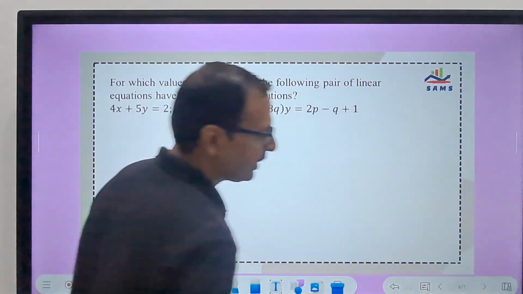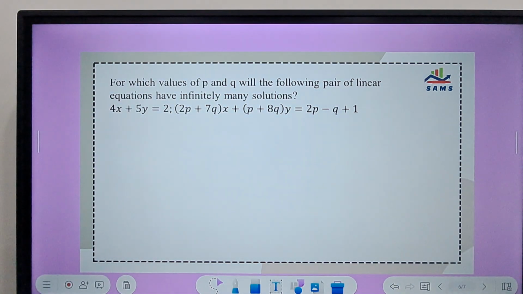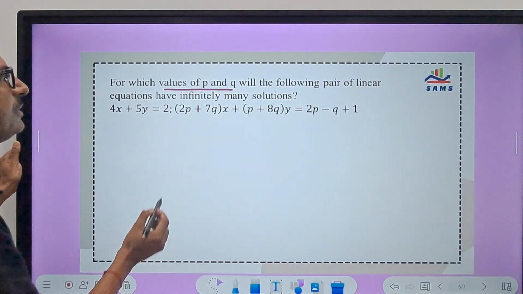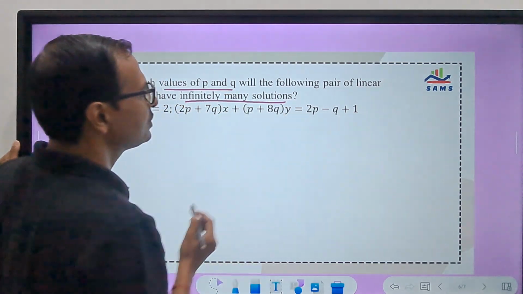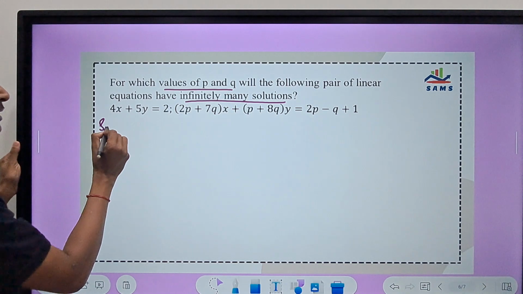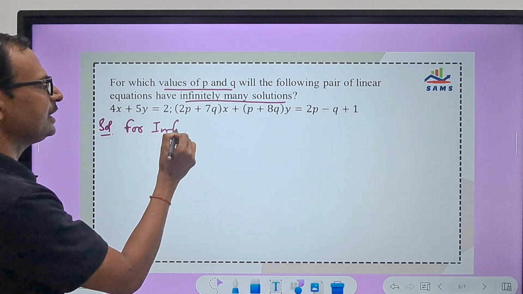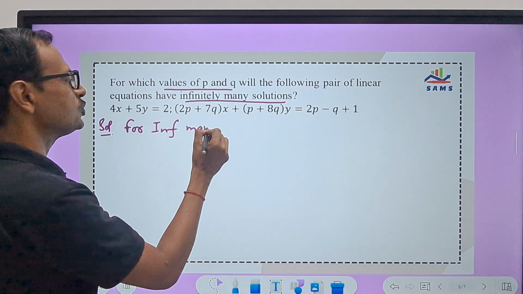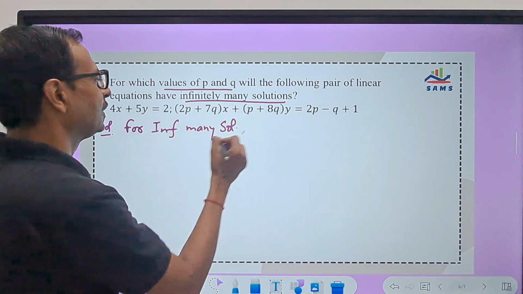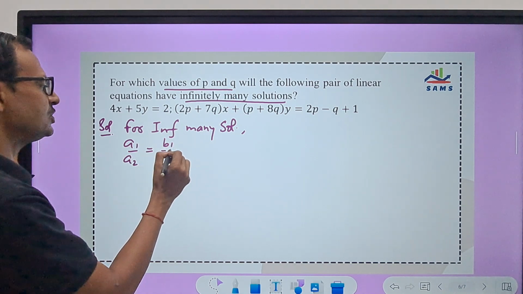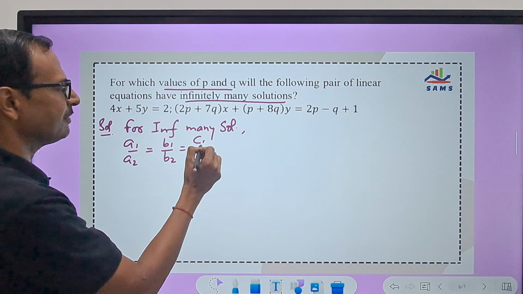Another question where the number of variables is going to increase now. So we need to find the values of p and q, two different variables, for infinitely many solutions. So again, the condition remains the same for infinitely many solutions. a1 upon a2 is equal to b1 upon b2 is equal to c1 upon c2.